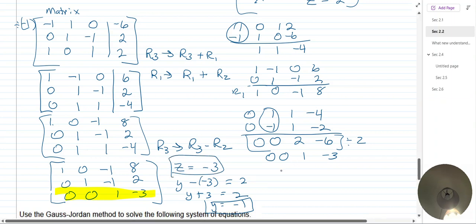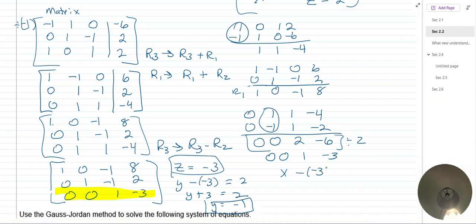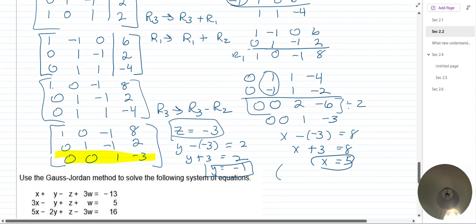So then we have x minus a -3 equals 8. X plus 3 equals 8. X is 5. So we have all three solutions of 5, -1, and -3.